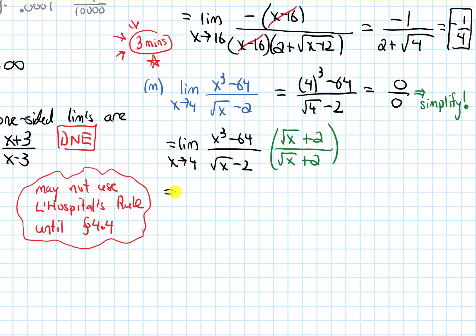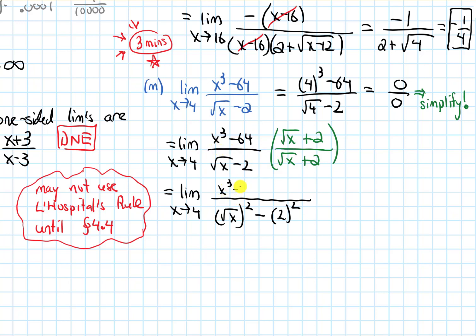All right, so now when I do this multiplication, I'm going to multiply out the denominator. So when I do that distribution, I'm going to get my first thing squared minus my second thing squared. Oh, whoops. Second thing is 2 squared. That's what I get when I distribute out. Okay, and then on the top, I'm not going to distribute out.